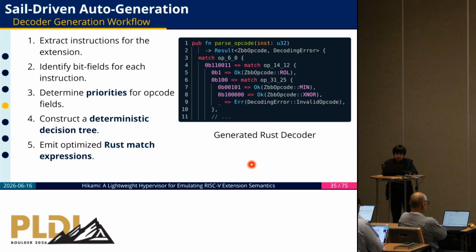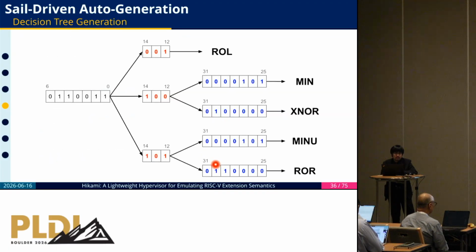Our generation workflow follows 5 steps, from extracting instructions to constructing a deterministic decision tree. The final output is a set of optimized RISC match expressions that provide fast and correct encodings. Our framework builds a hierarchical decision tree from field data.